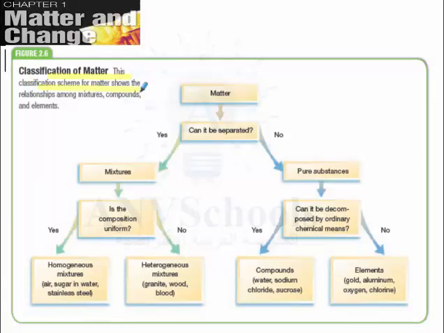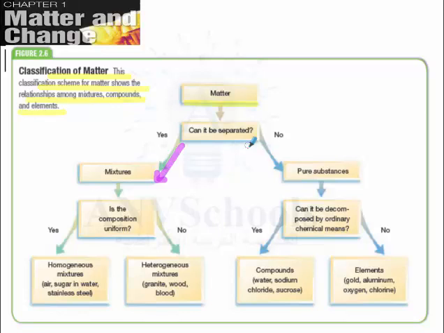This classification scheme for matter shows the relationship among mixtures, compounds, and elements. So here we have matter, and matter can either be separated. If it can be separated, then you know that is a mixture.